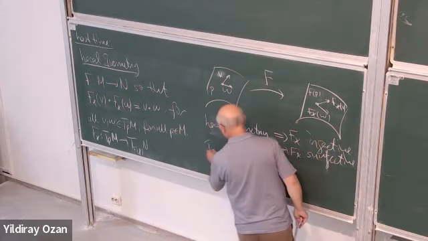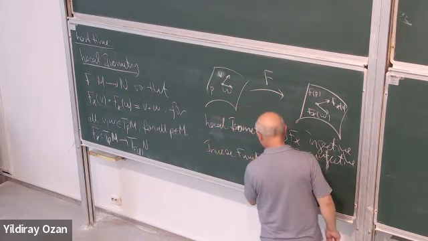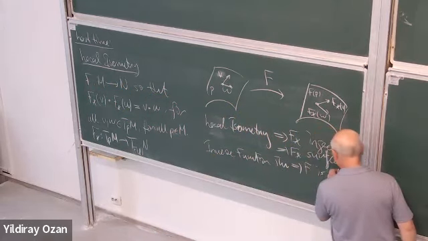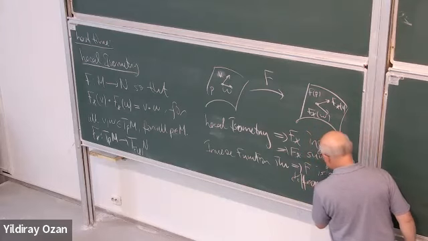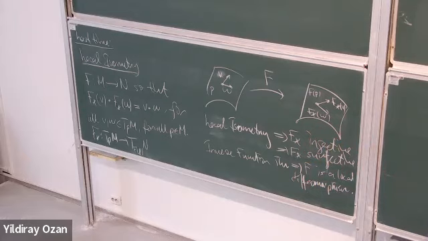So the inverse function theorem says that F is a local diffeomorphism. But the local diffeomorphism doesn't imply that F is a diffeomorphism. That's a topological condition.